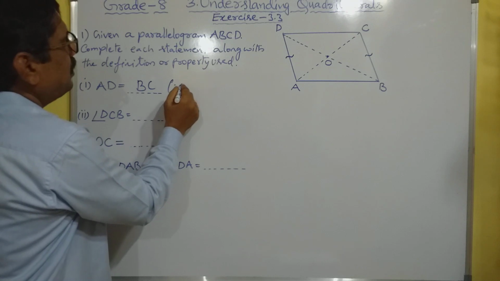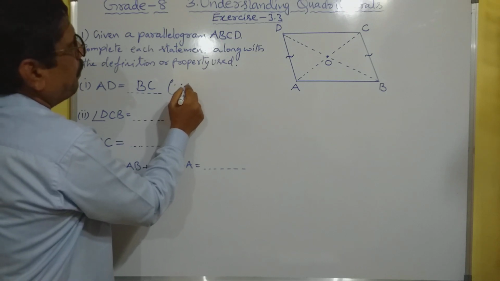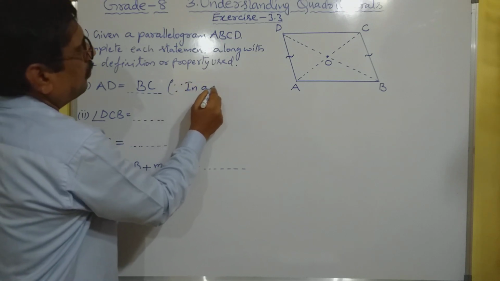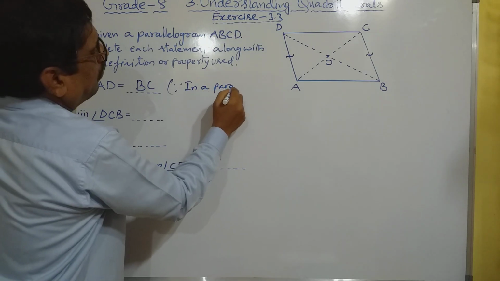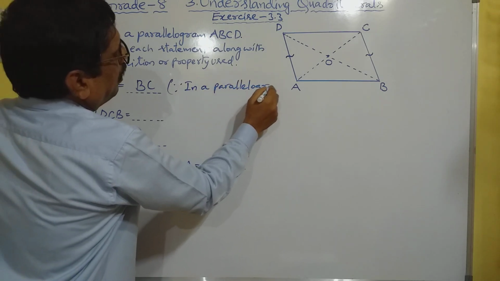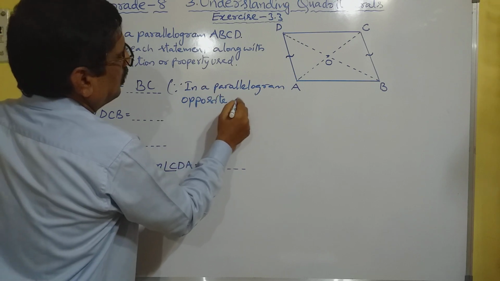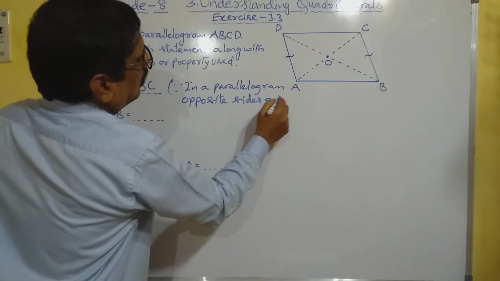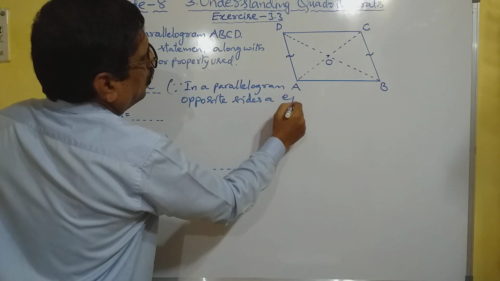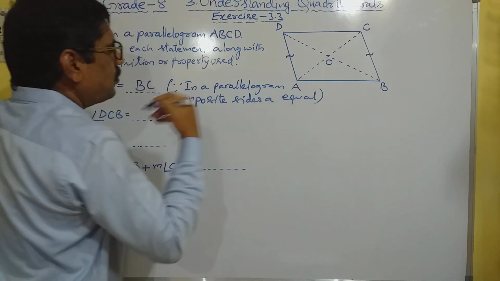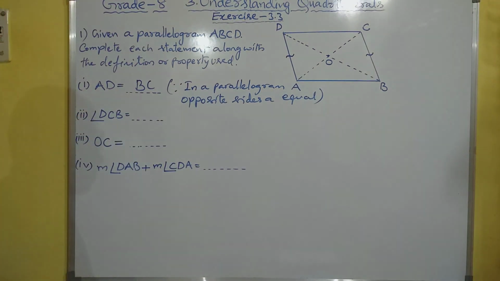What is the reason? Since in a parallelogram, opposite sides are equal. Okay, so this is the reason for AD is equal to BC.